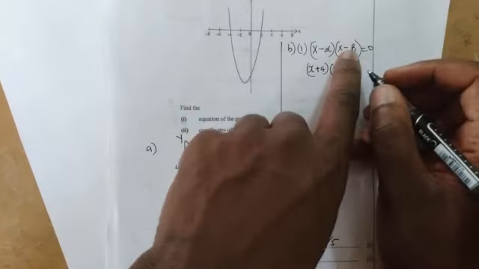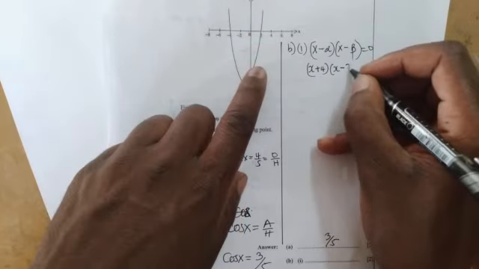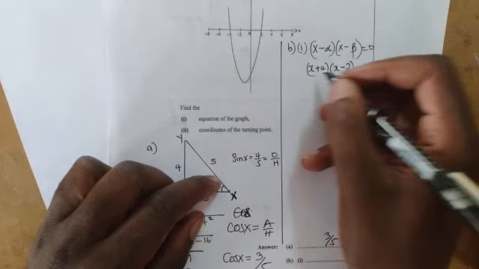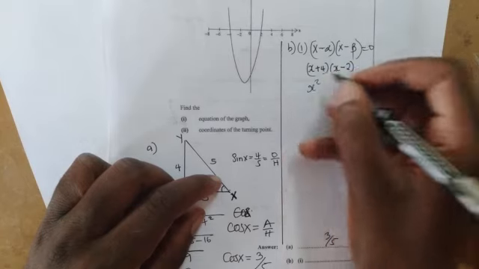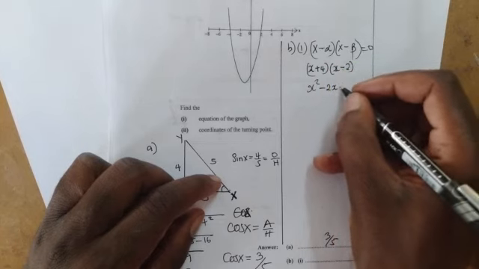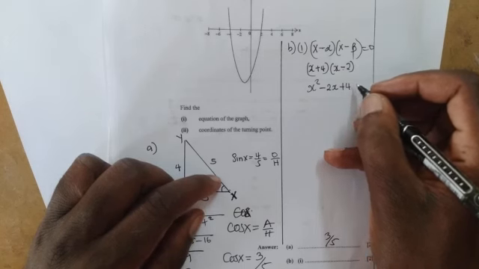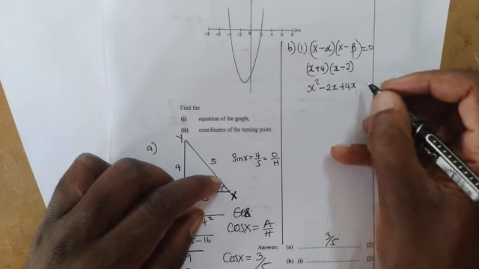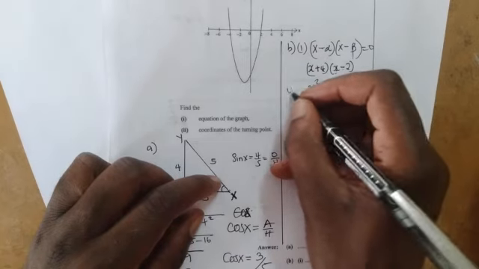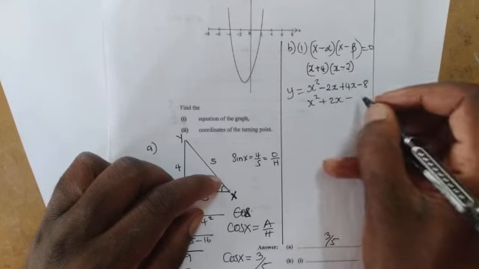And the second one, which is b, is this coordinate here. This is a minus, and this is a positive, so it will be -2. So we can now multiply these. X multiplied by x, we get x squared. X multiplied by -2 gives -2x. 4 multiplied by x gives +4x, then 4 multiplied by -2 gives -8.